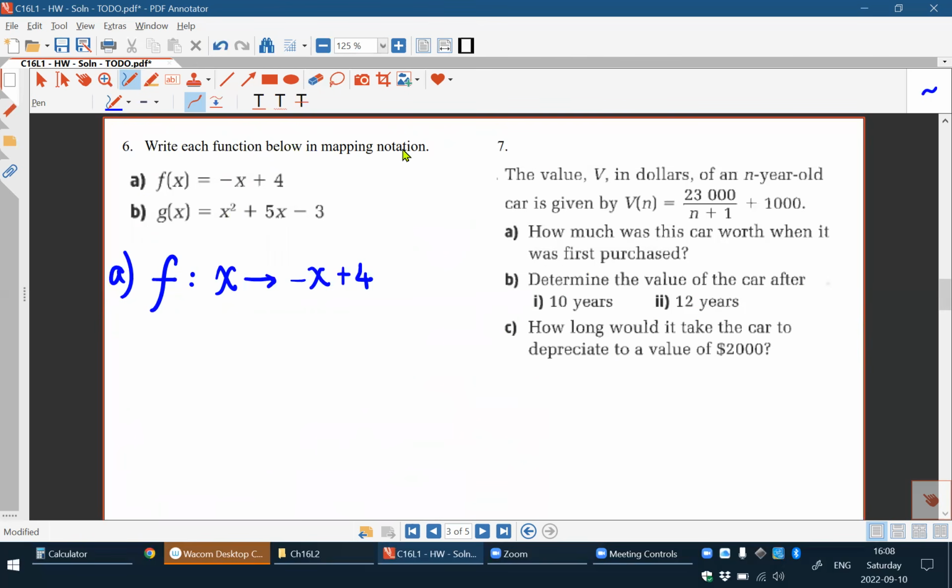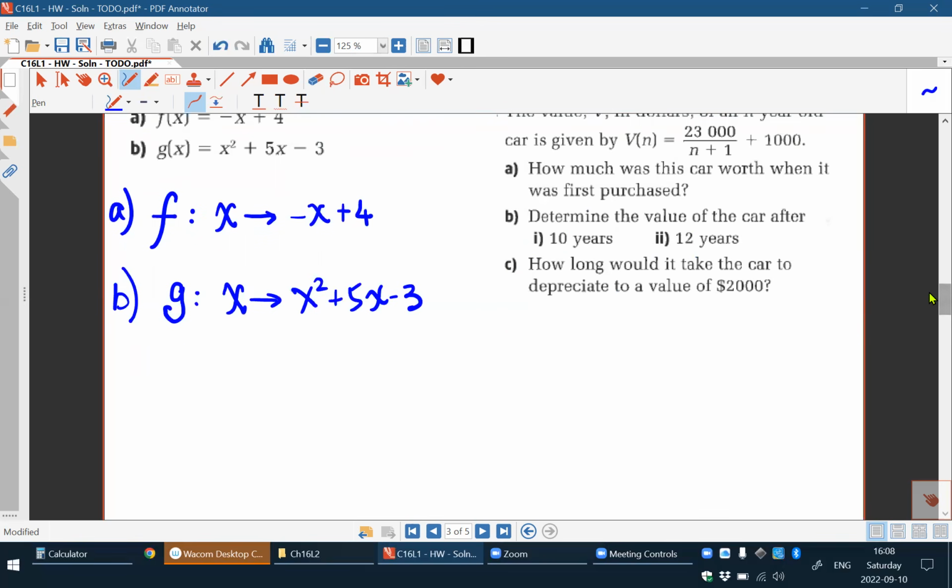This is called a mapping notation. Understand? This is another way of writing a function. Okay, for b, again, g is a function name. So g is a function. It maps any x to x squared plus 5x minus 3, right? Okay, this is quite simple. Okay, next one.